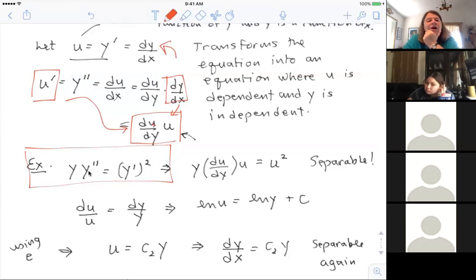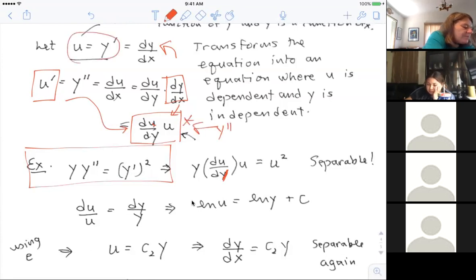Y double prime was this one. So I'm going to put in my du dy. All things are, this is a y right here, times u is u squared because y prime was u. So I put this thing in right here for y double prime, and I put u in for y prime.